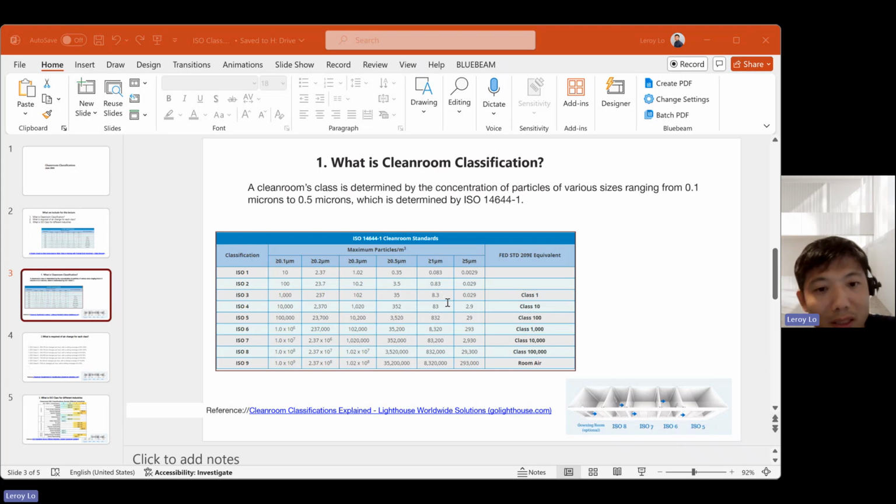The dirtiest on the table is ISO 9, the cleanest is ISO 1, and ISO 9 is the lowest level of clean room standard, equating to the ambient air in a typical city environment. So this is what we were talking about before, the different levels of ISOs. You can see these comparison tables.